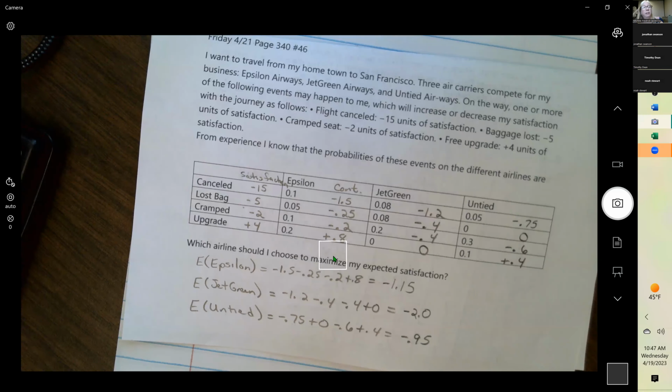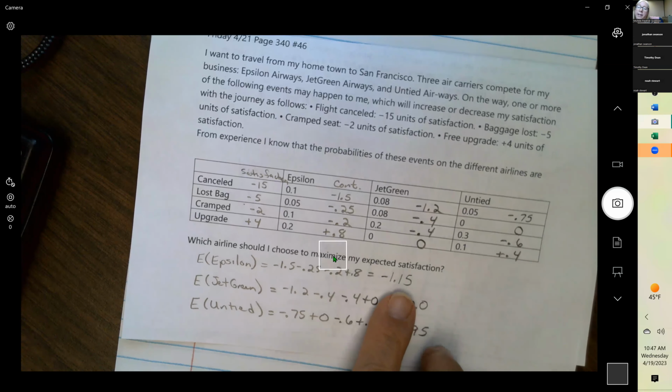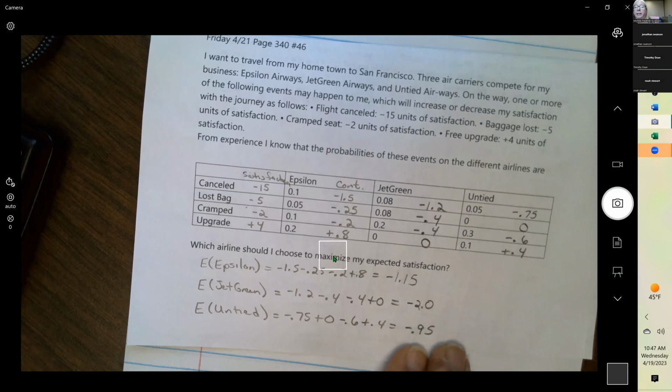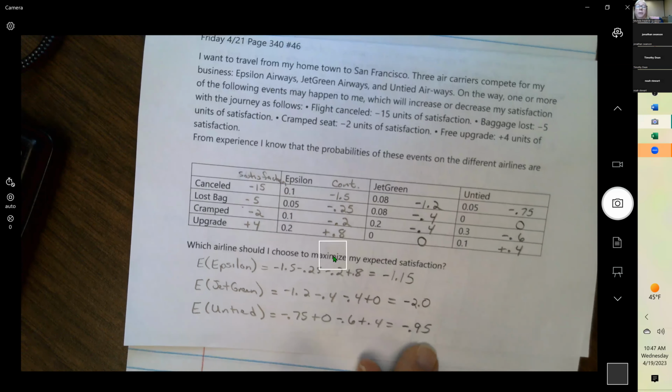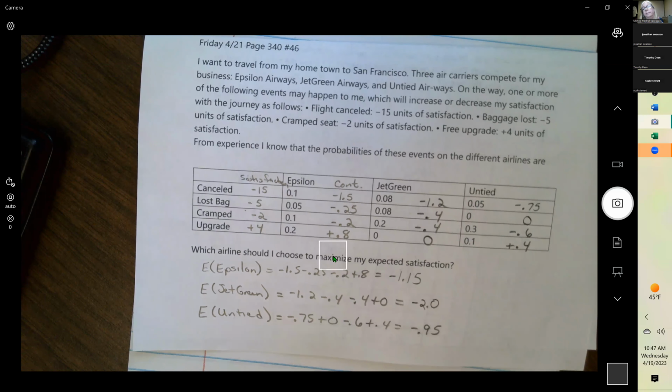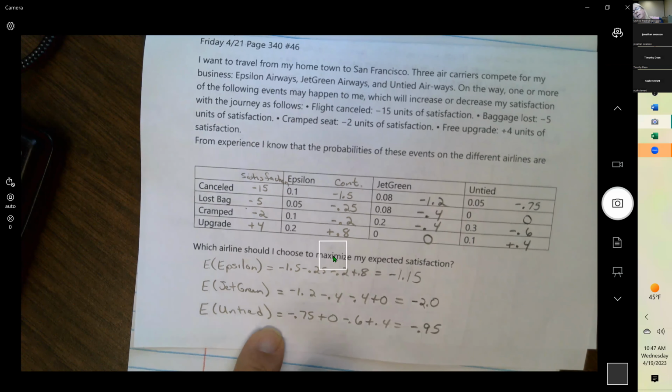Any questions on that? So this tells you your satisfaction. You're not going to be happy with any of them, but this one has the lowest possibility of being unsatisfied. So to maximize your expected satisfaction, you want to do Untied.